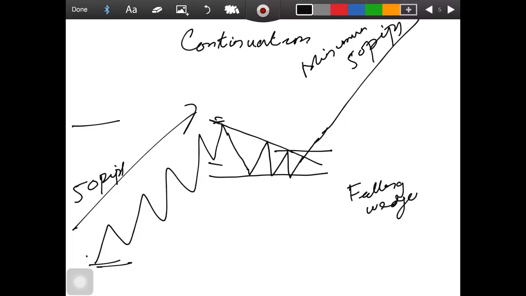And so you can do 50 pips, you can do 100 pips, you can do 150, you can do 200 pips above the previous high there. That is what you call a continuation pattern.